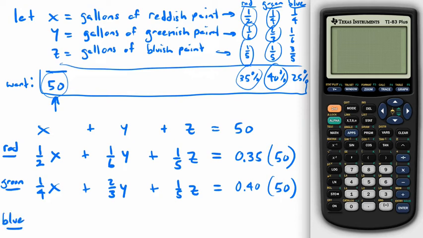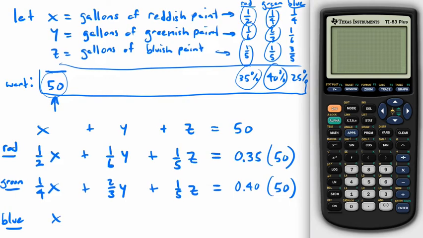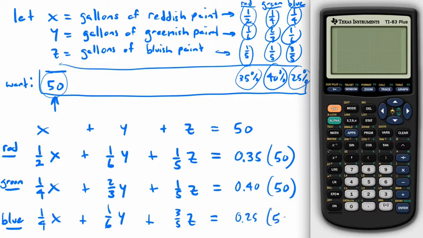If I add the blue paint involved in the three mixtures, yes, the X gallons of reddish paint is 1/4 blue, so 1/4 X, and the Y gallons of greenish paint is 1/6 blue, so 1/6 Y, and the Z gallons of bluish paint is 3/5 blue, so 3/5 Z. If I add all of that blue paint up, that's got to be the blue paint that's in the customer's order, 25% of 50, 0.25 of 50.